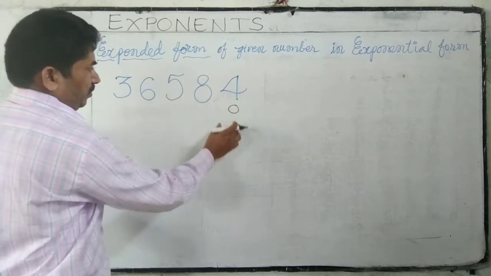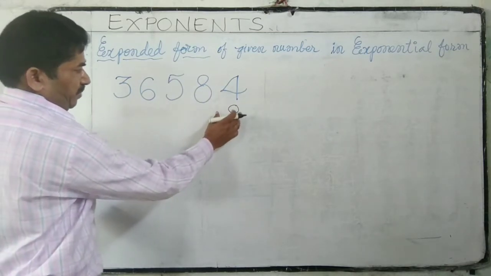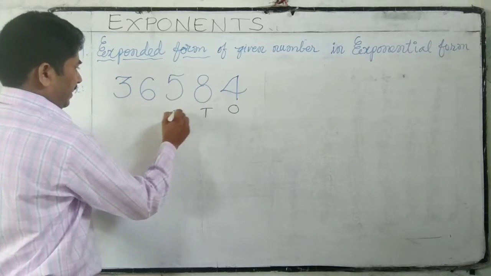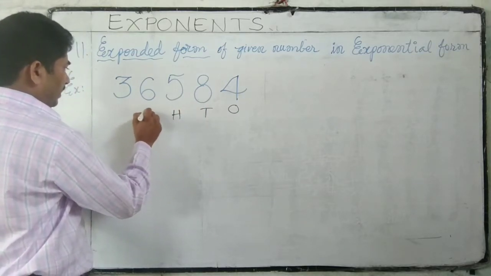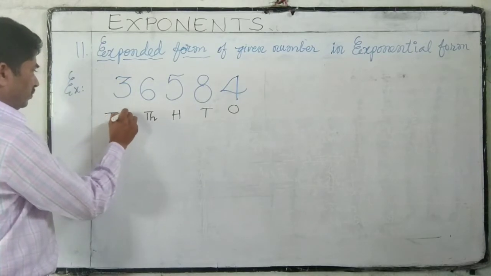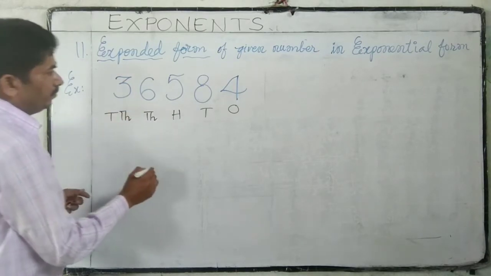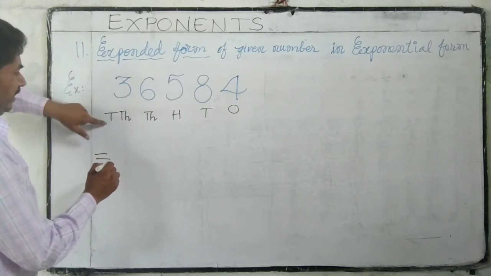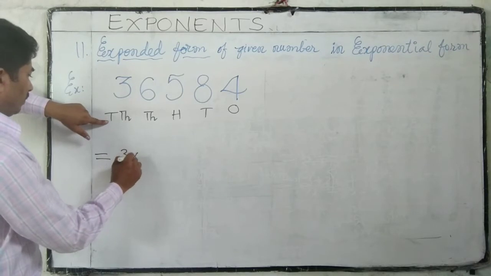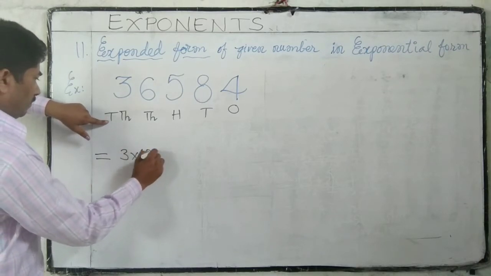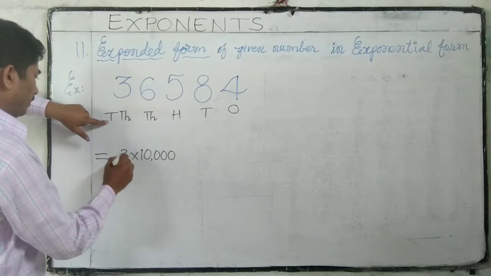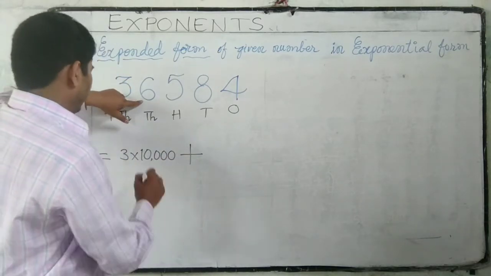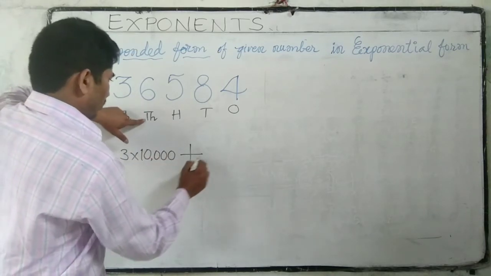First we have to indicate the name of the places: ones, tens, hundreds, thousands, 10,000s. Three 10,000s are, 6,000s are.